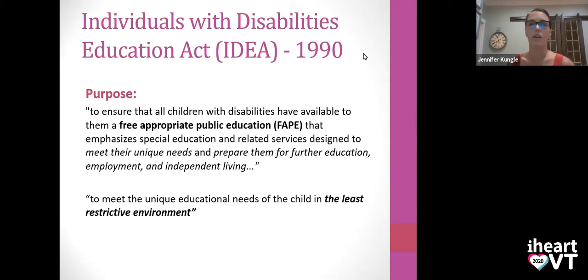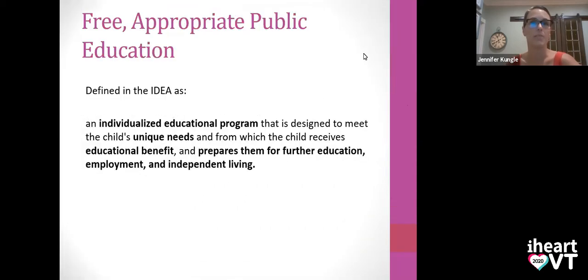Now, with online distance learning, we're finding that a lot of children are not really having their needs met under these laws because of the restrictions that this type of teaching method imposes. So it really is a struggle right now for kids who require these types of services in this online environment.